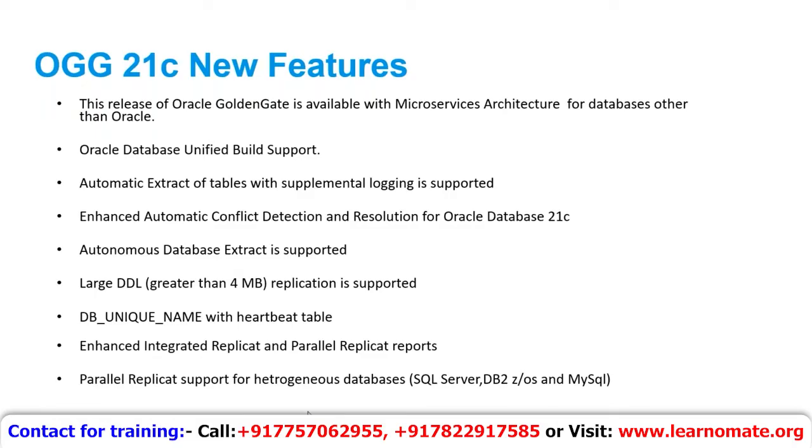There are multiple types of replicate. Parallel replicate is one of the features which was introduced in GoldenGate version 12.3, but it was initially available only for Oracle database. Now from 21c, parallel replicate support has been introduced for heterogeneous databases as well, like SQL Server, DB2, and MySQL databases.